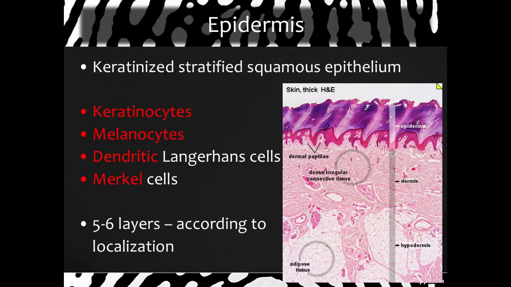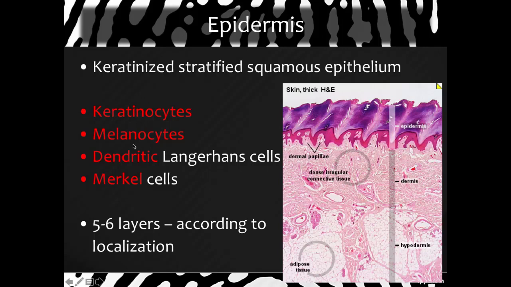So they fill the cytoplasm of keratinocytes. So keratins are the major intracellular proteins of skin keratinocytes. Those are the most numerous cells in the epidermis.